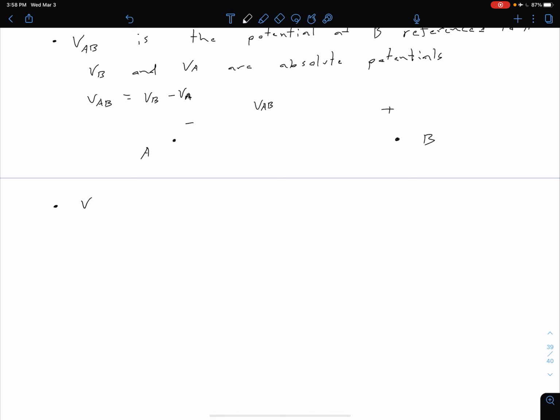If VAB is less than 0, then this is going to be a loss in potential energy in moving our Q, which, remember, we're assuming is a positive valued Q, from A to B. Ultimately, that means work is being done by the field.